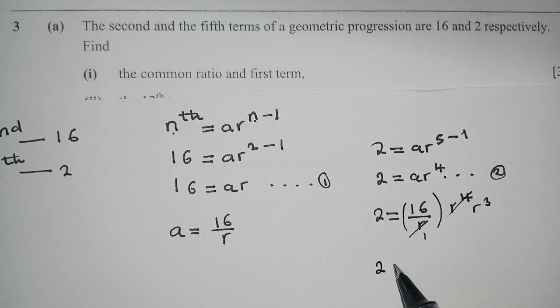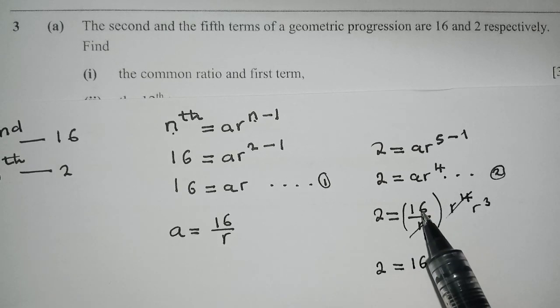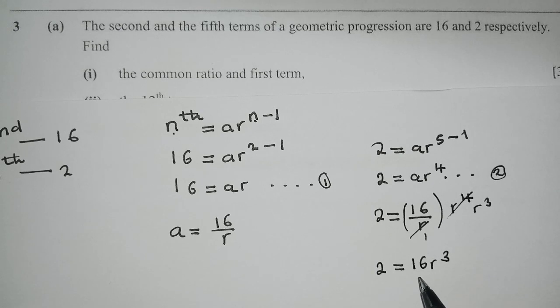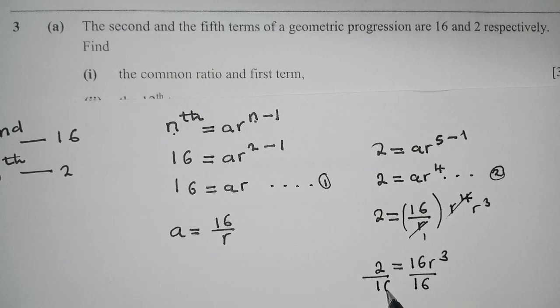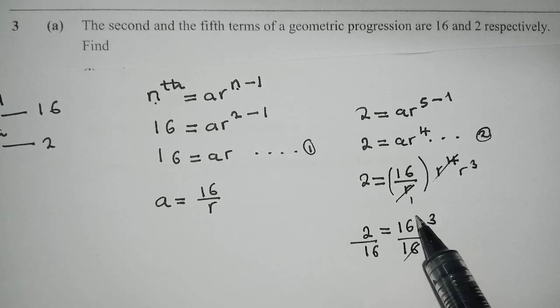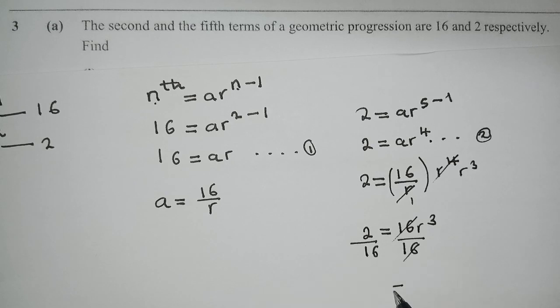We have 2 is equal to 16 times r power 3. We divide by 16 on both sides. This 16 and this will go, and we will remain with r power 3.